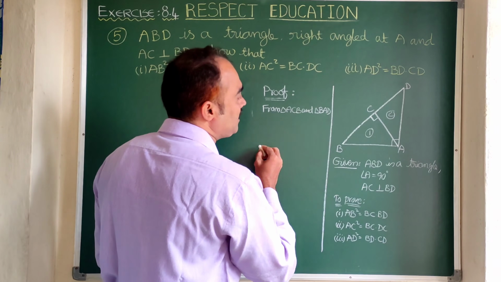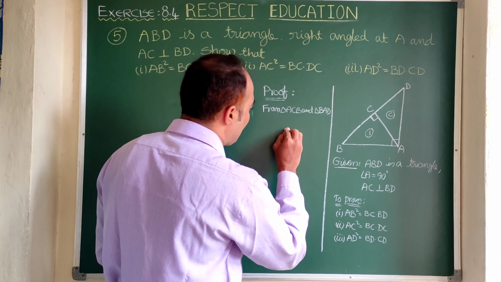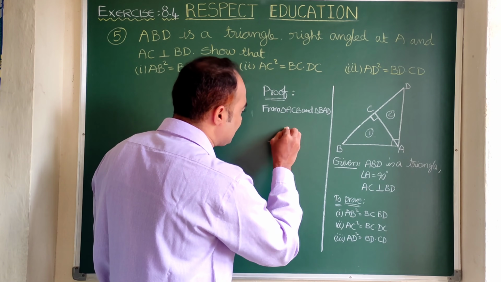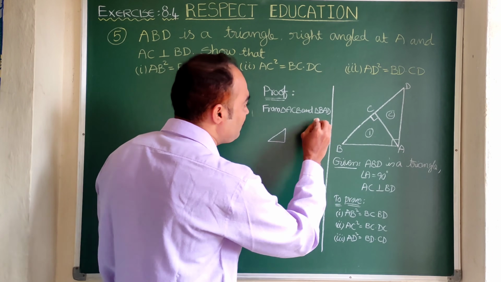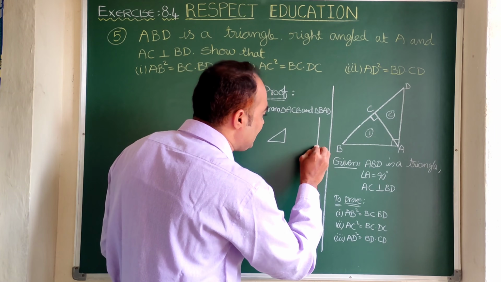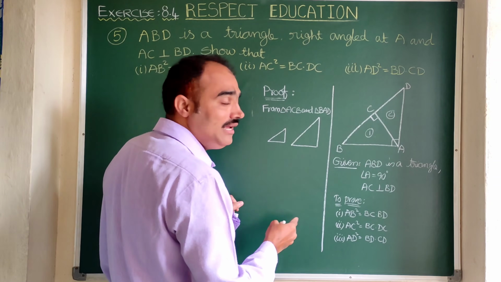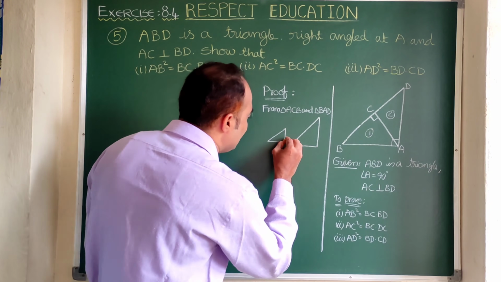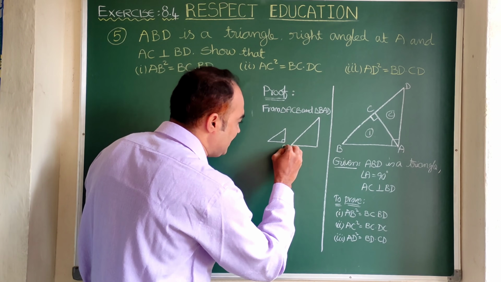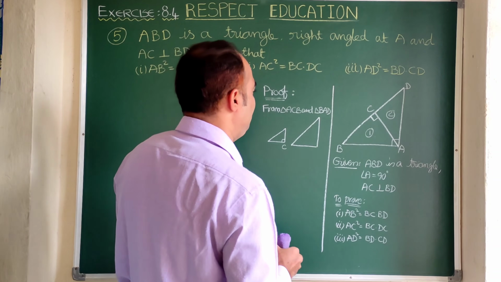Now here let us compare these two. So better we can draw one small triangle. This is the son, first son, and this bigger triangle, this is father. Now your son is ACB, in which C is 90. So here let us give this position for C and ACB.